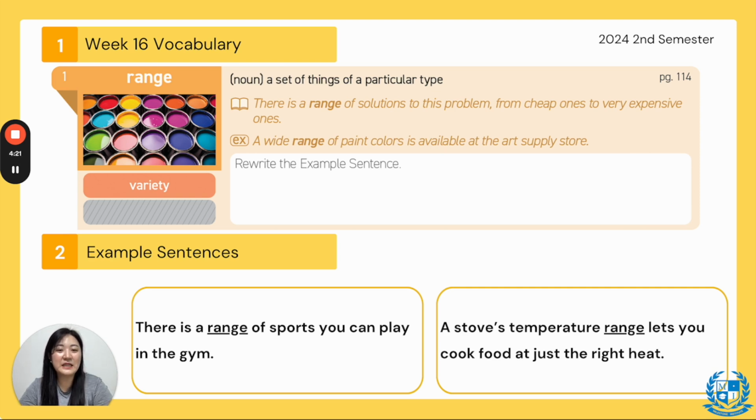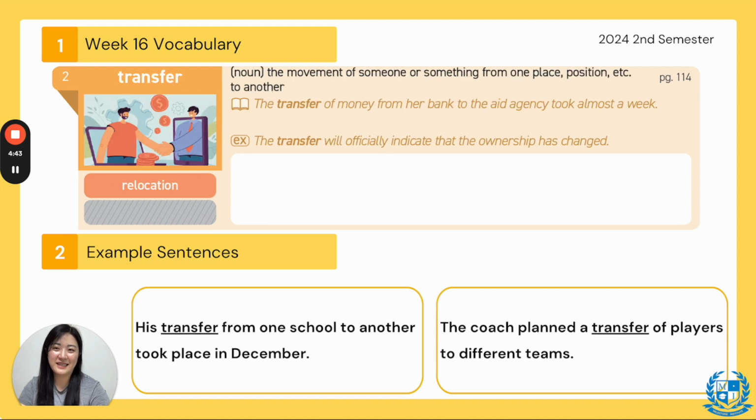Next one, it says a stove's temperature range lets you cook food at just the right heat. So if you've been to your stove, or if you've seen it, you turn it, right, in order for the fire to come on. Then you can see that there's a range of temperatures from low, medium, and high. Everyone say range. Good job.